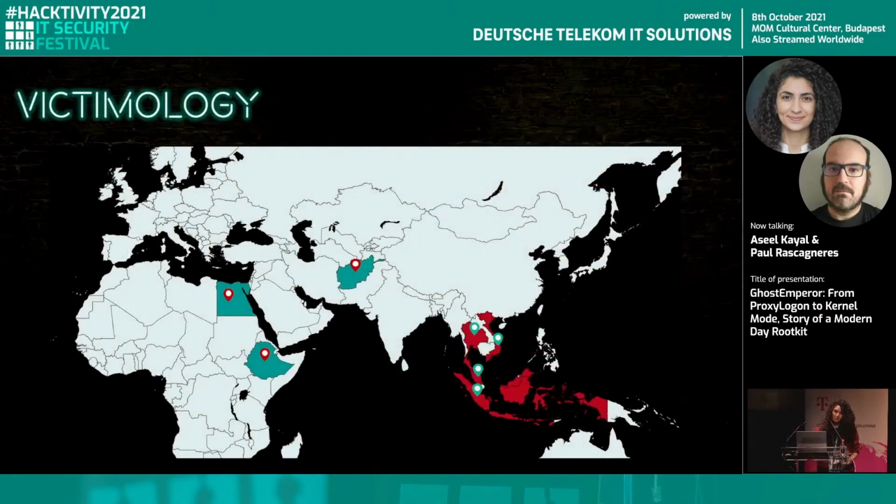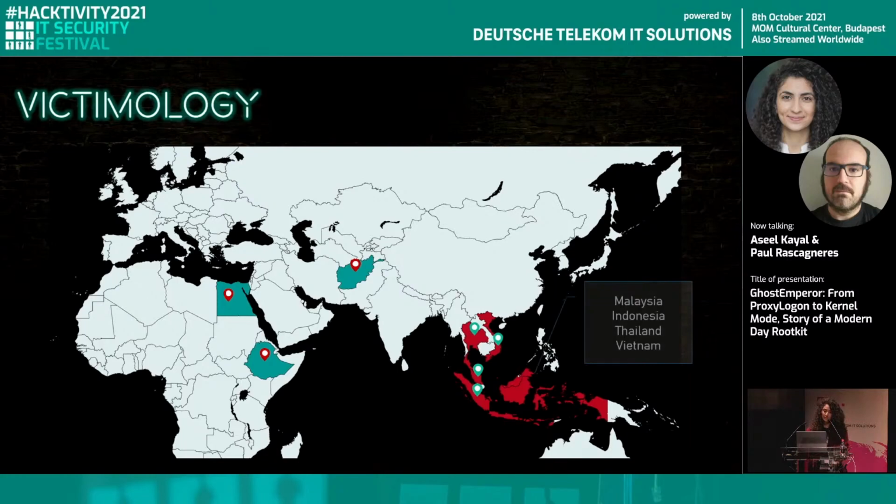And looking at the map of victims that were affected by the GhostEmperor attacks, we can see that the attackers were mainly interested in targeting countries and high-profile entities such as government entities or telecommunication companies from 4 countries in Southeast Asia. But we did have a second cluster of victims that was in a kind of remote location, and we saw victims from 3 countries such as Egypt, Ethiopia, and Afghanistan.